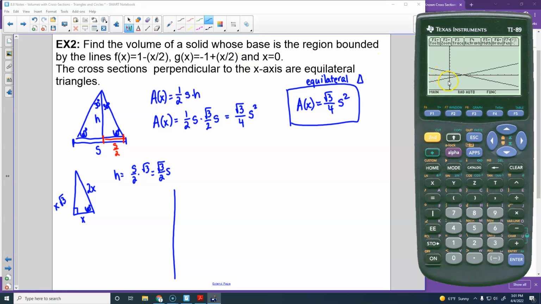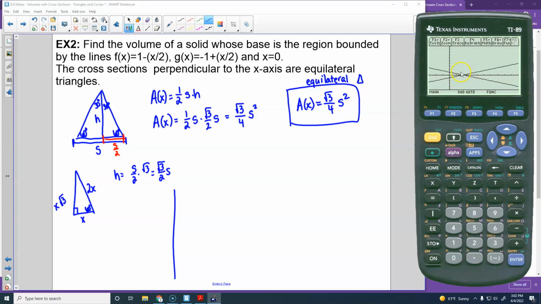So, and then we also have the line x equals 0. Which line is x equals 0? It's your y-axis. Y-axis here.